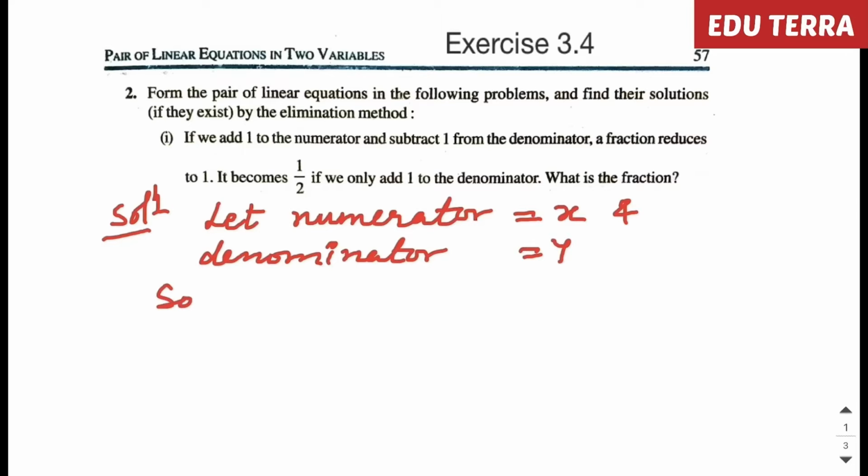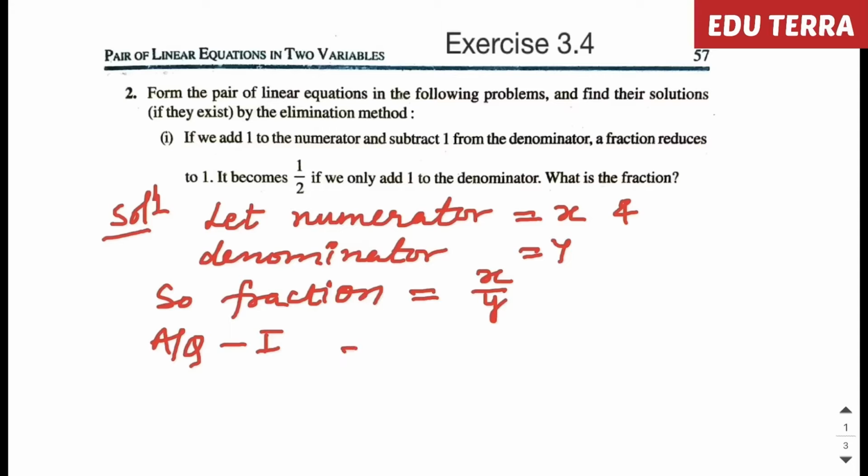So fraction equal to x upon y. Now according to condition 1, according to the question, it is telling that if we add 1 to the numerator and subtract 1 from the denominator, so x plus 1 upon y minus 1 equal to 1.